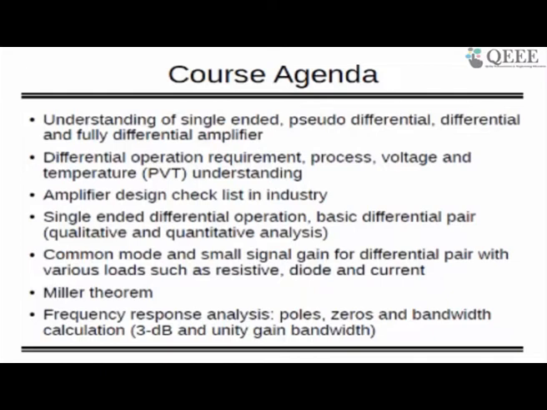Then the voltage: even if your supply voltage is varying by 10%, or maybe by some more, your circuit should still work. Another thing is temperature: your circuit should work at 0 degrees, at minus 40 degrees, or even at 125 degrees. Whenever an industry is making an amplifier which is differential by its structure or architecture, it generally follows a checklist, and that checklist covers process, voltage and temperature.